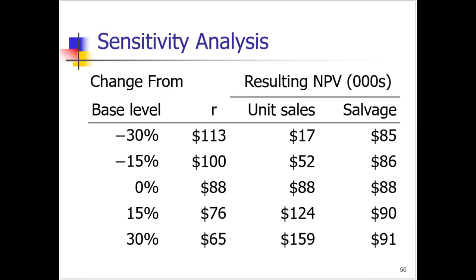So it produced a graph. We'll look at some graphs here in a second. But in this case, we look at what happens if the base level of an asset changes. How does that affect net present value if the unit sales change or if salvage value changes?